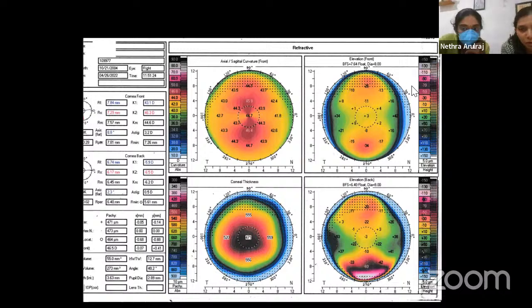Last time we had talked about it. Plus 0.5 to minus 0.5. So, yeah, to be broader, 0 to minus 1 is the asphericity. Okay.